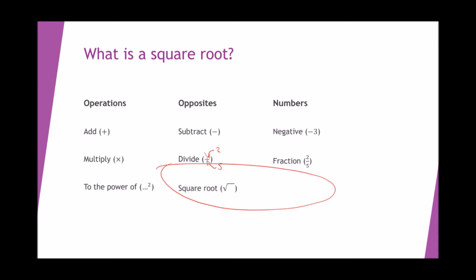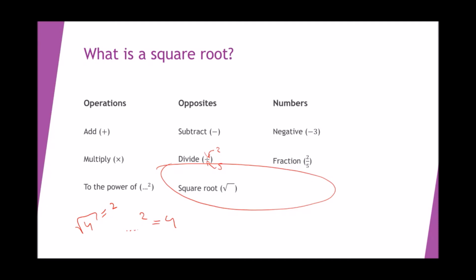So what that asks is, what did I put to the power of 2 to get, for instance, 4? That is what the square root of 4 asks. So the square root of 4 is 2. So the opposite of a square is the square root.